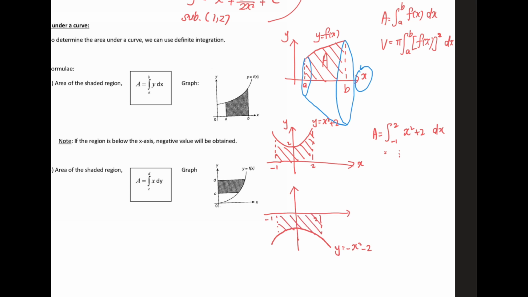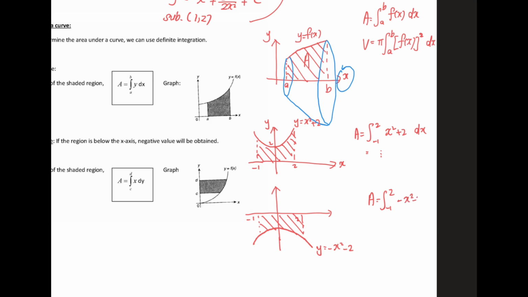So the area is from the curve to the x-axis, but it is in this way, so compared to the first scenario, this is like the other way around. So we integrate from -1 to 2 of -x squared minus 2 dx. Okay, so let's see the difference.